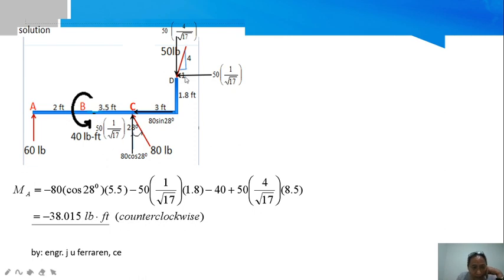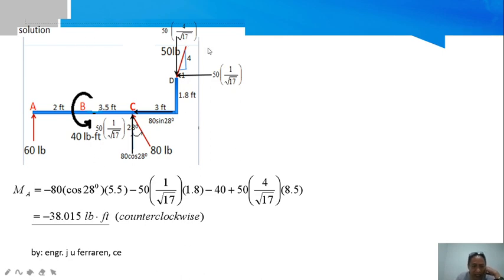Then the last one. First, I collected all the negatives. Then I take the force that produces a clockwise rotation with respect to A. If the body is pushed, it produces a rotation which is clockwise.